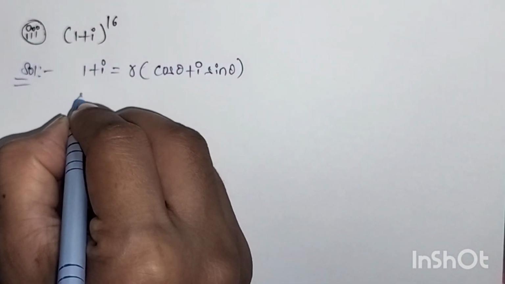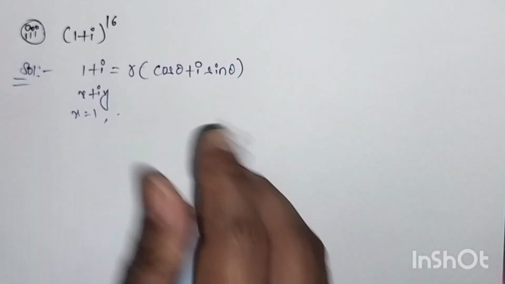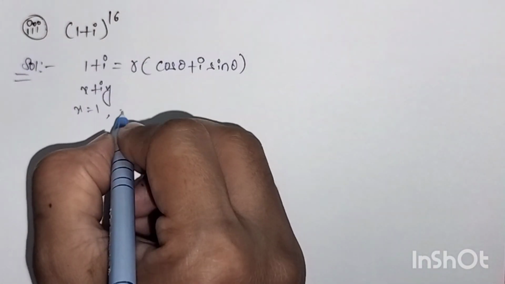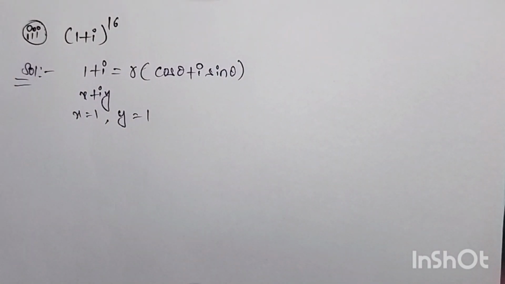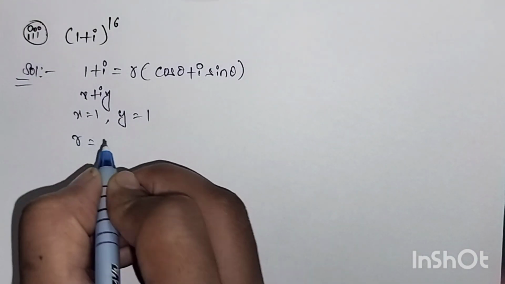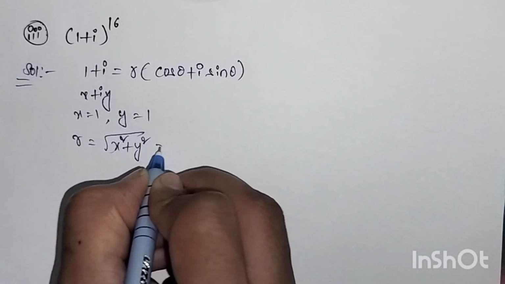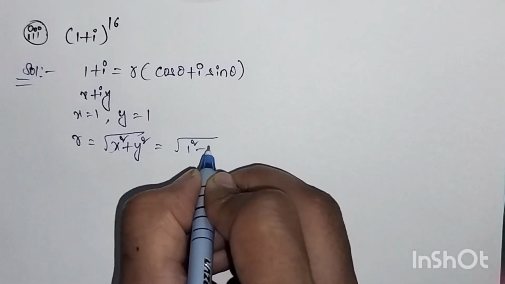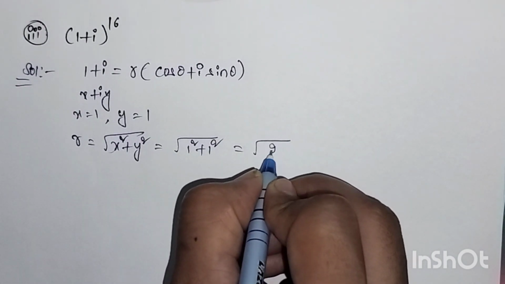This is in the form x plus iy. x equals 1, y equals 1. So r equals under root x square plus y square, that equals 1 square plus 1 square, which is 1 plus 1, 2, root 2.